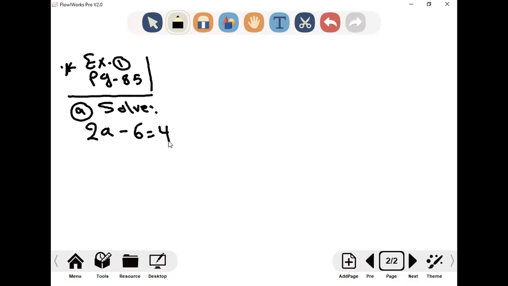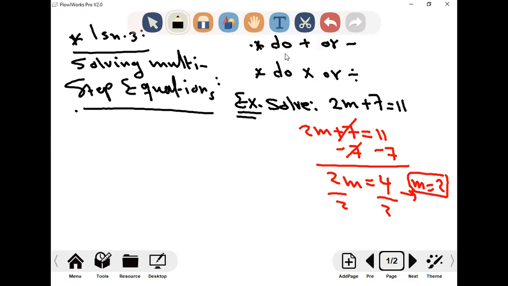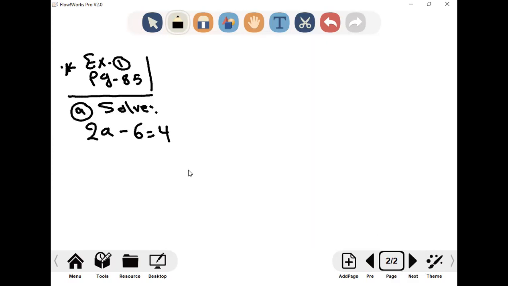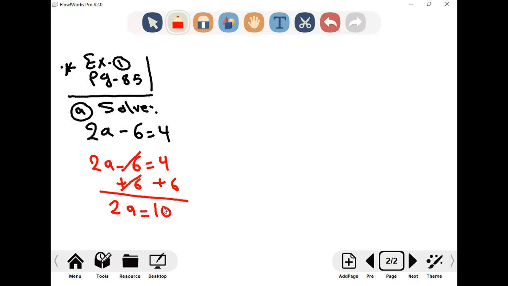This is a 2-step equation. First, get rid of addition or subtraction. Here I have subtraction, so I will add 6 to both sides. Rewrite the equation, 2a minus 6 equals 4, and add 6 to both sides. Now minus 6 with plus 6 are done. So 2a equals 10.